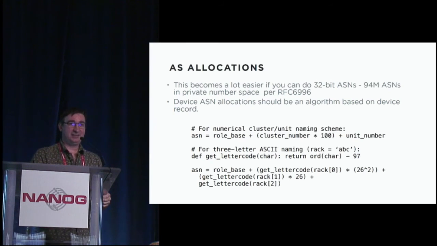Our racks use letter designations: AAA, AAB, AAC, and so on. So developing an AS allocation scheme from that wound up being developed through some ASCII math, some pseudocode there, using 1 to 26 for each letter in the alphabet.